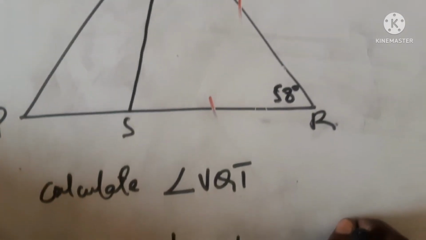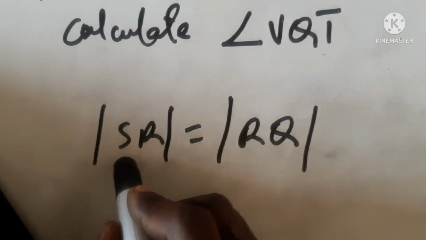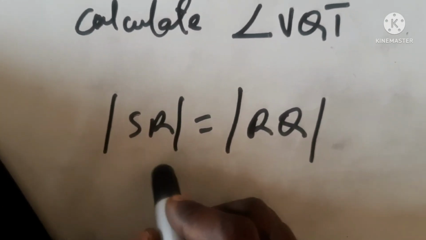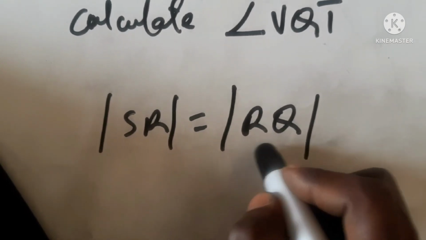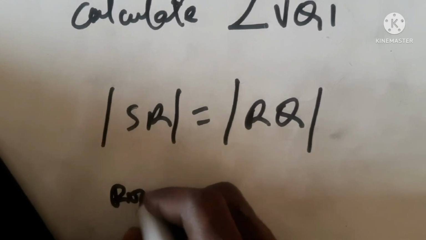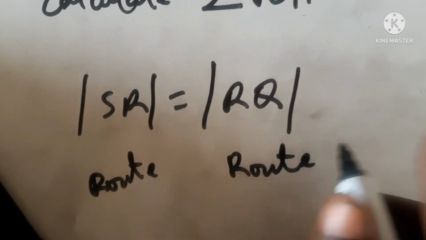And then there's another one that says this is a symbol of a line. So there's a line SR. This line from S to R is equal to the same line from R to K. So this is one line, and then there's another line here, just for you to see the picture.